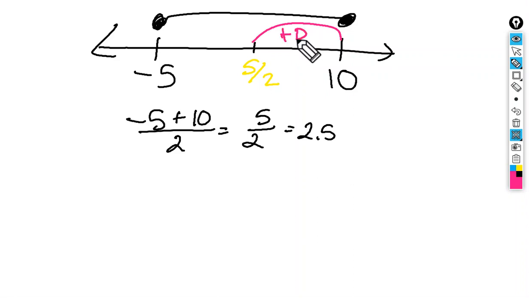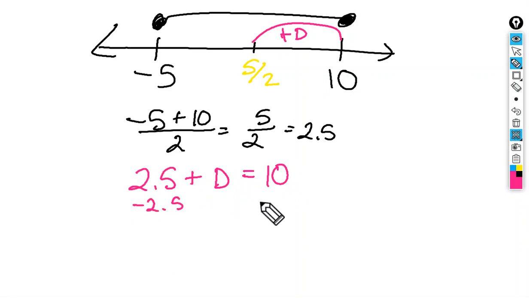What number am I adding? Okay, well, 2.5 plus what equals 10? The distance is 7.5. Okay. Oh, that makes sense. Now I see it.